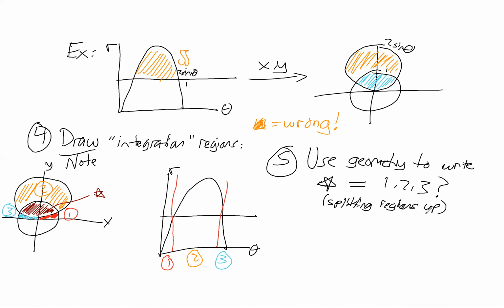So how I would do this, well, you could actually do it several ways. So I'll tell you both ways. So first of all, star, we could think of it as part of the shifted circle. So you could say that star is the area of the shifted circle minus 2. 2 is the orange region.